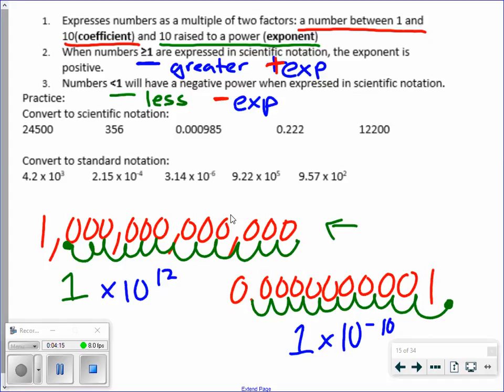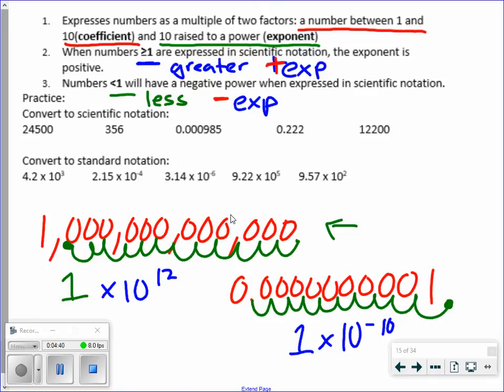And the biggest things I see are, 1, your coefficient is not between 1 and 10, and 2, you are mixing up your signs. So either negative exponent or positive exponent. But to me, it makes sense if my number is bigger than 1, I should have a positive exponent, okay? If it's less than 1, think about a number line, less than 1, you should have a negative exponent, okay?